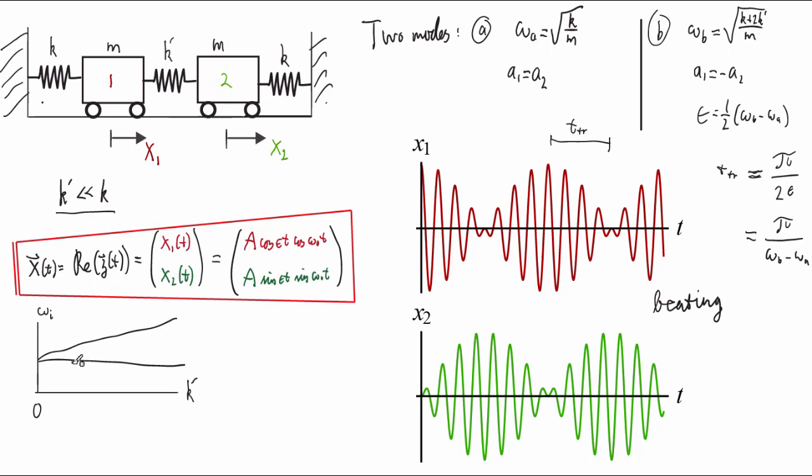And the difference between the two frequencies specifies the time scale for which the motion, or the energy really, is transferred from one cart to the other. So this is what's happening here. The energy from cart 1 at this time, that's when all the kinetic and potential energy is contained in this cart and the spring, is then transferred to cart 2 over a time scale that equals pi divided by omega B minus omega A. And this is a very important phenomenon, especially in quantum mechanics.